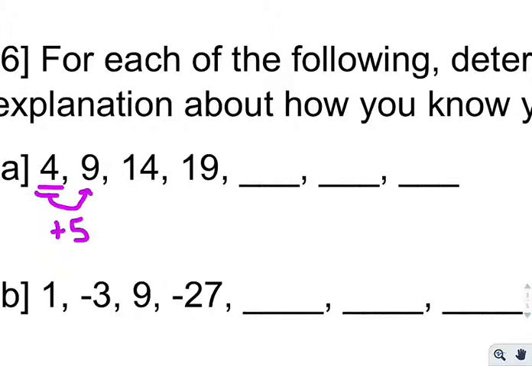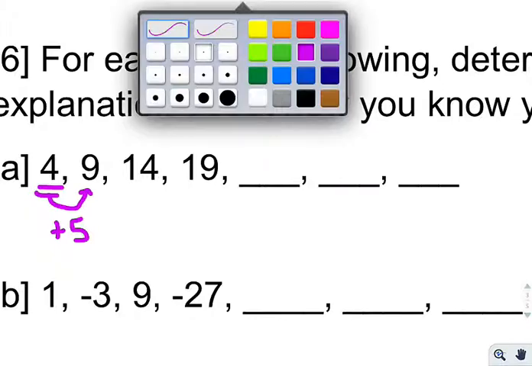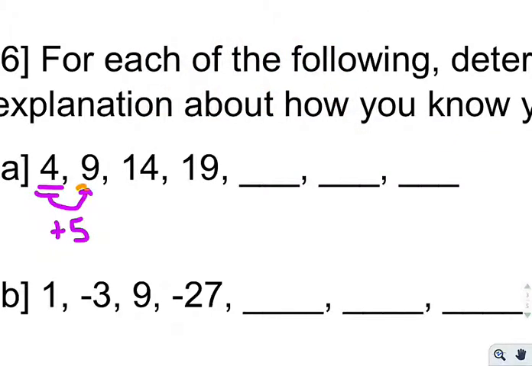If it works again. So if I'm at 9 right now, if I do the same thing again by adding 5, do I get to the number I need next? Well, 9 plus 5 is 14. I'm kind of onto something here, I think, so we're going to try it again. If I'm now at 14, I want to get to what comes next, which is 19. If I take the number I have now, 14 plus 5, I do get 19.